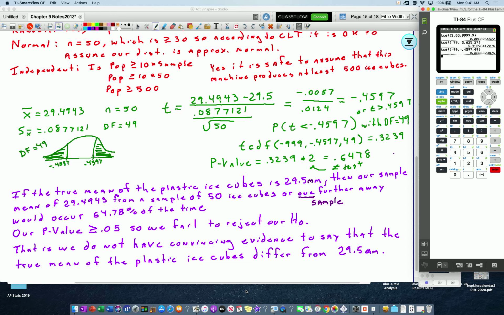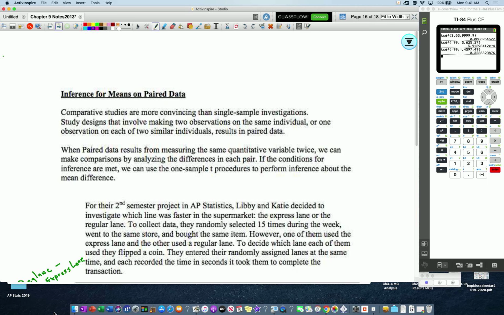just chapter 9 in general, 9.3 here, deals with a special circumstance, a special type of problem that we can do. And it deals with means, and it's doing it where we do it on paired data. If you remember, back in chapter 4, we talked about an experimental design called matched pairs.